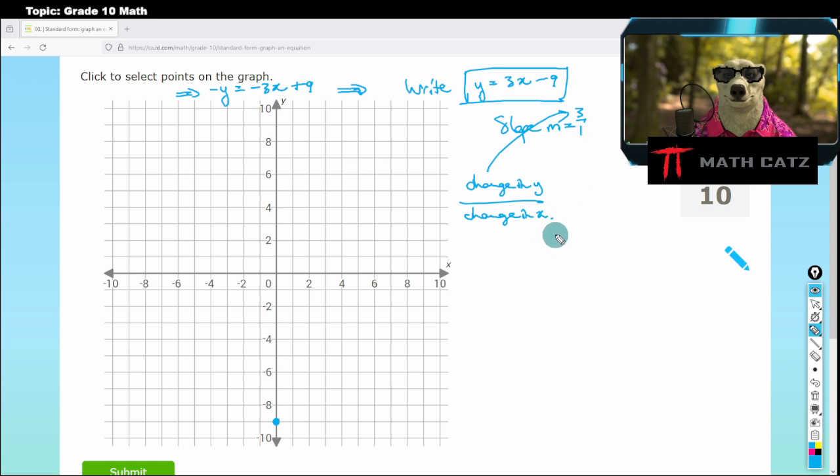Now it has a 3 to 1 ratio. So I can go 1, 2, 3 vertically, then I have to go 1 horizontally because they're both positive. So 3 in the positive direction up, 1 in the positive direction over, and I can certainly pick my point right there, boom, and there's my line.